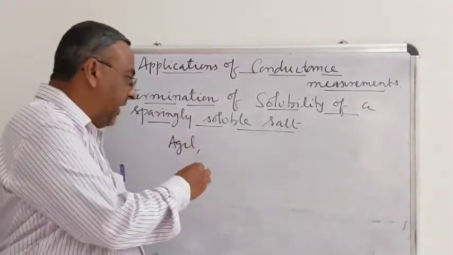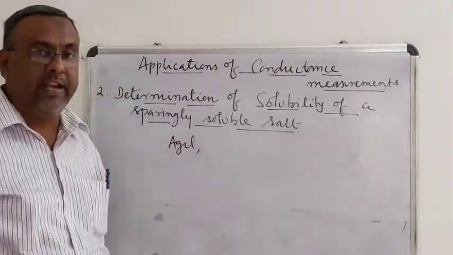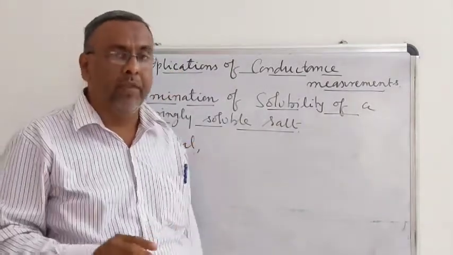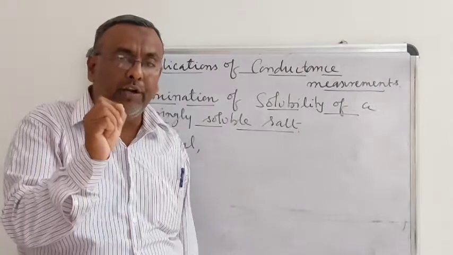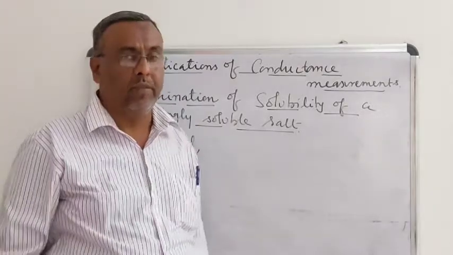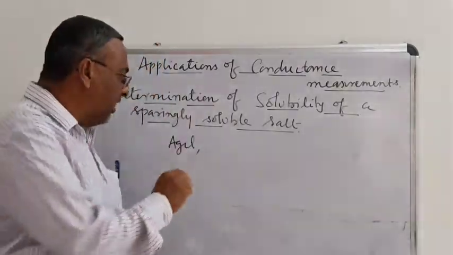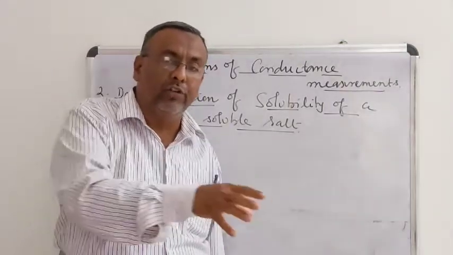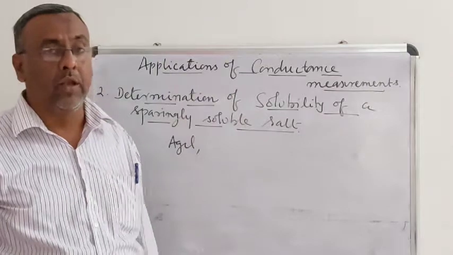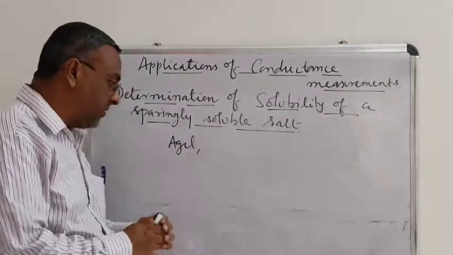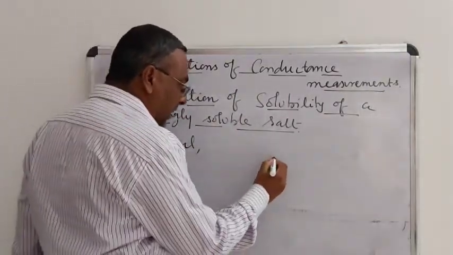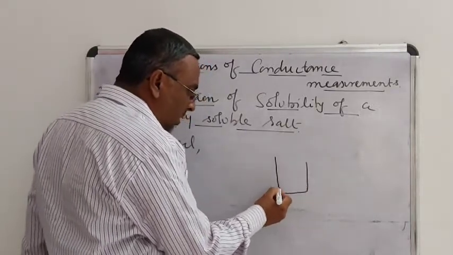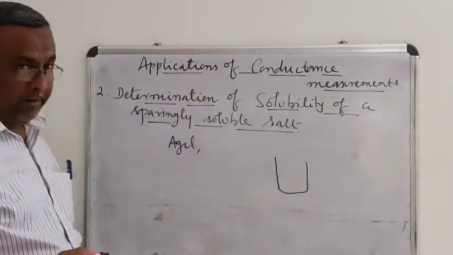When it is suspended in water at 25 degrees centigrade, we leave it for 1 hour. A very minute quantity of silver chloride, Ag plus and Cl minus ions, goes into the solution in the form of ions. Now, after that we filter the solution.